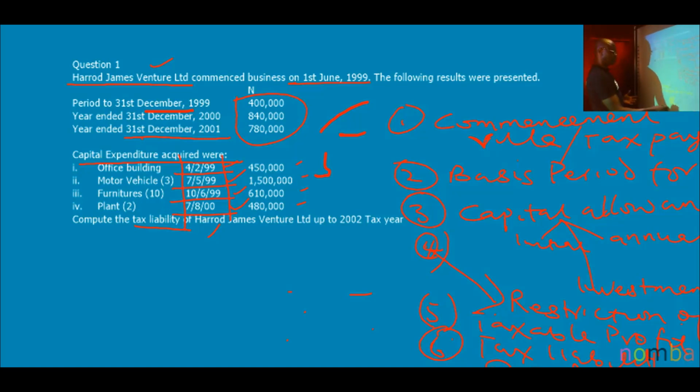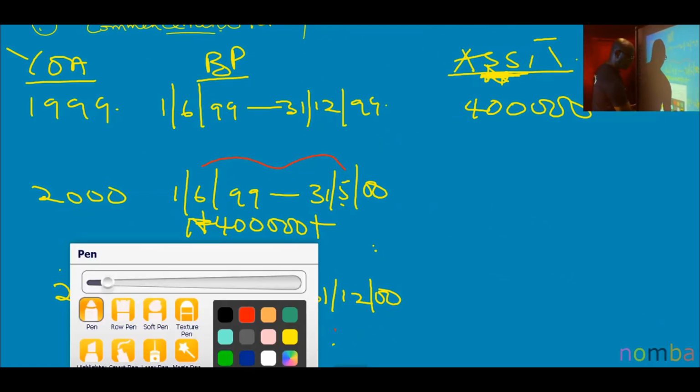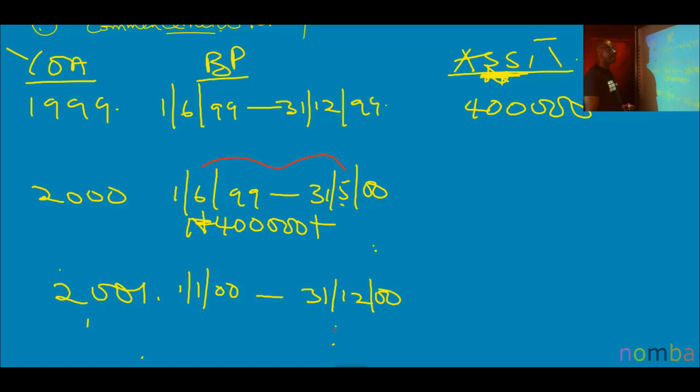And that amount of 840 was made in 12 months. So what happens? If I have 400,000 already, I'm looking for January to May. January to May is 5 months, all over 12 months. That is to say, the next profit was made in 12 months.